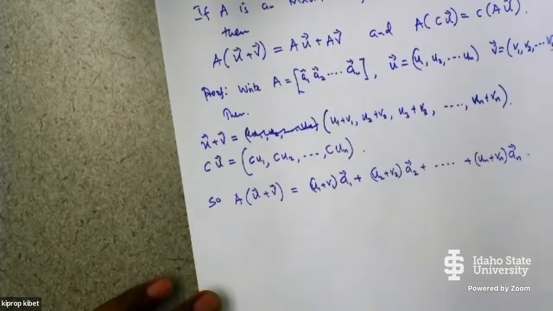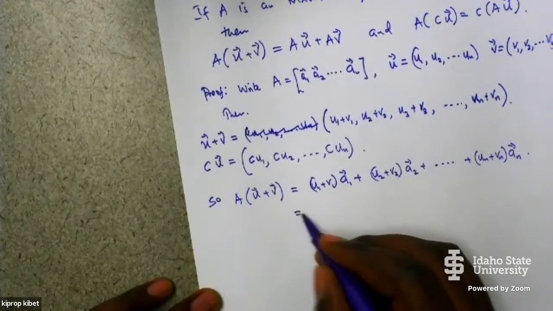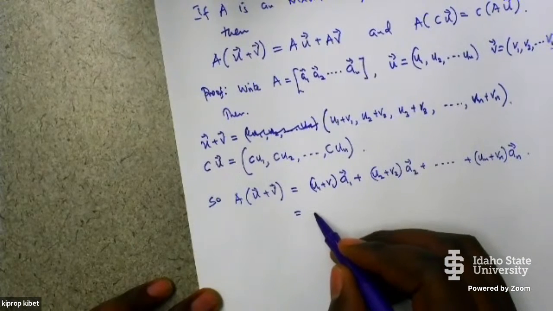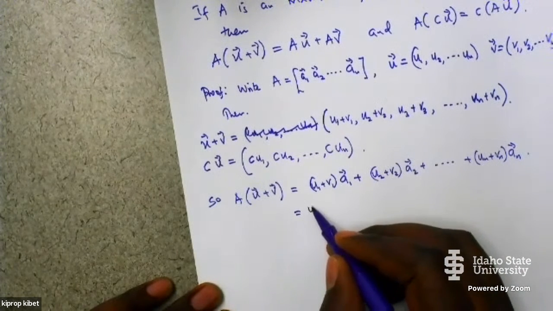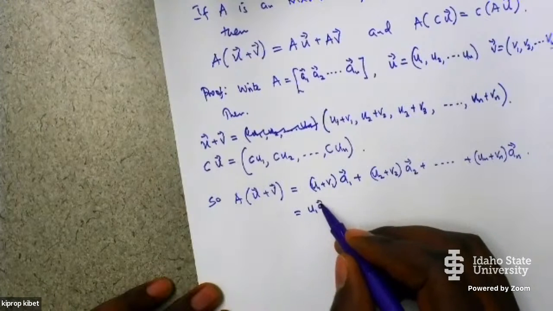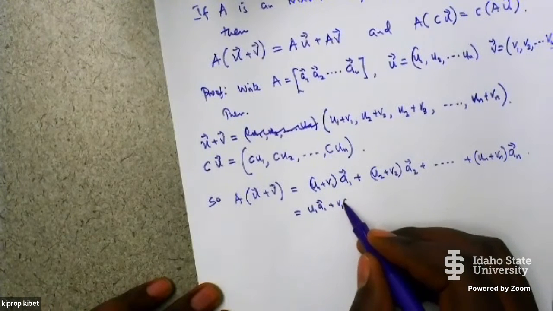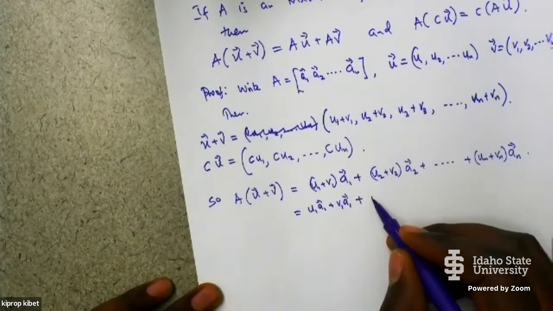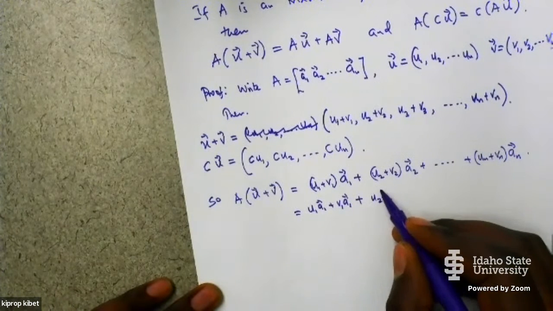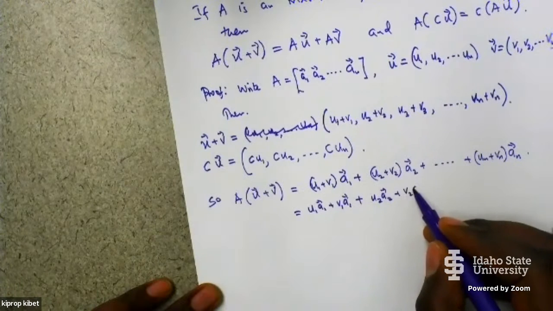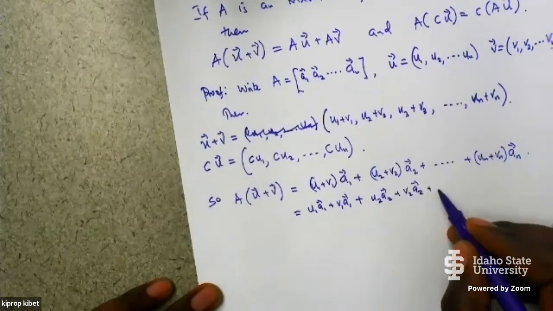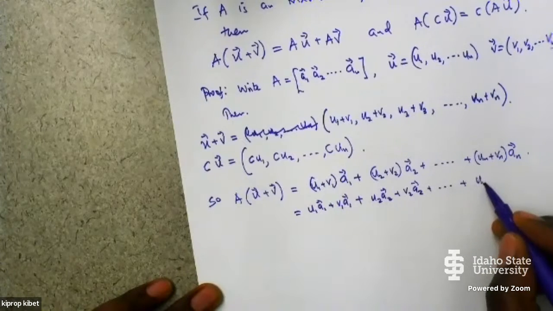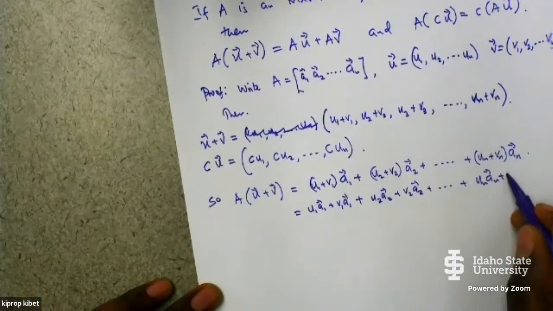Then we will distribute: this is U1 A1 plus V1 A1 plus U2 A2 plus V2 A2 plus up to UN AN plus VN AN.